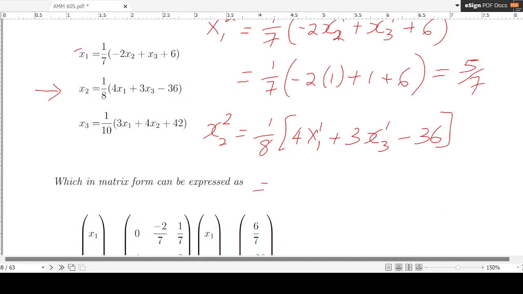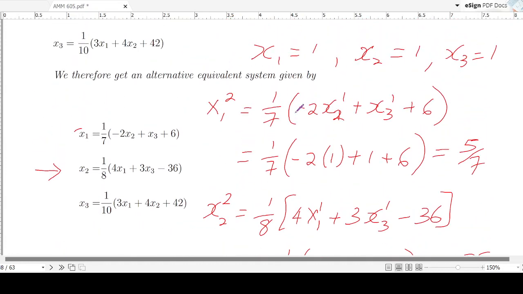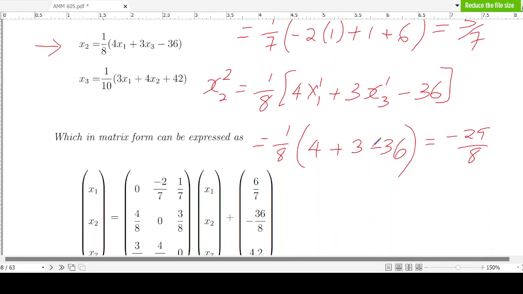So we get 1 over 8 into 4 times 1 is 4 plus 3 minus 36. And if we work this out, it is minus 29 over 8. This is x2^(2). Remember, we started with the first approximation, which is x1 is 1, x2 is 1, x3 is 1. Now we are getting a better approximation.